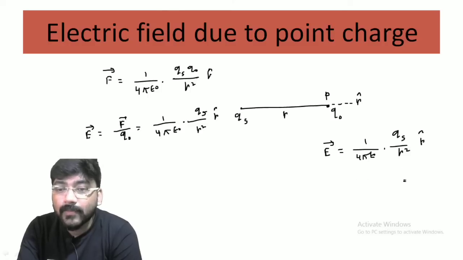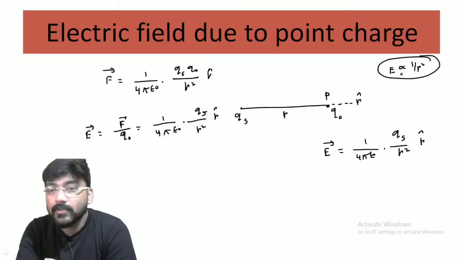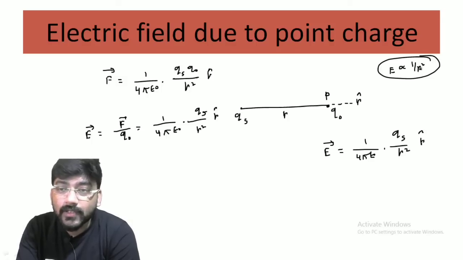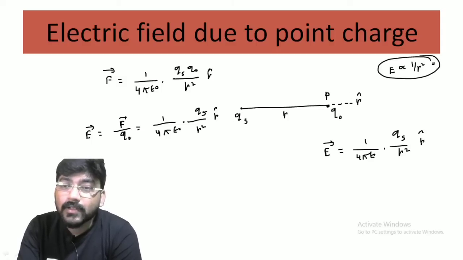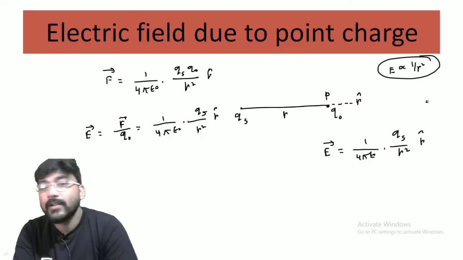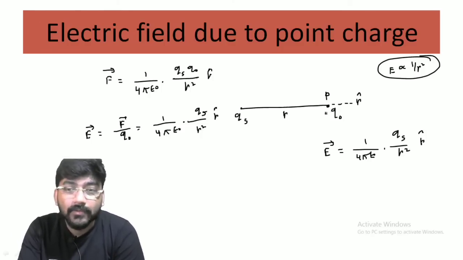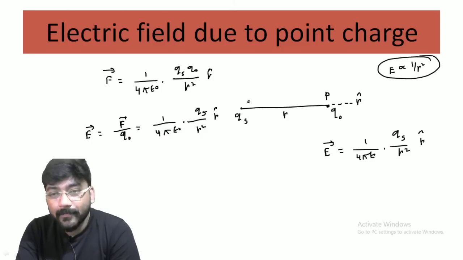And you can find the magnitude E is proportional to 1 upon r square. You can see from here, the electric field will be 0 when r tends to infinity. So the electric field strength mathematically can extend up to infinity, but in a real situation, it will be negligible very far away from this charge QS.